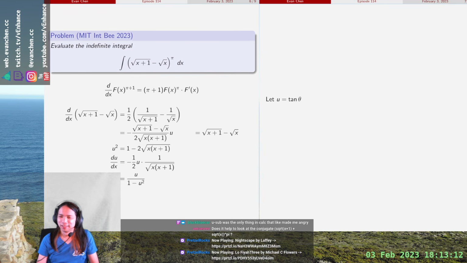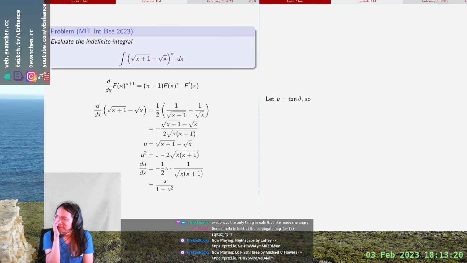So... Oh no! Yeah, I might have messed up the constants already. I think I dropped a minus sign.